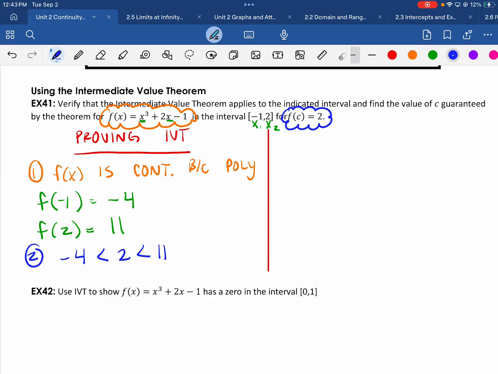But you can't just say less than; you have to actually state 2 is between -4 and 11. And so, because it's continuous, because the point you're trying to prove is between the two y values, then we can say that IVT applies and f of c equals 2 exists.